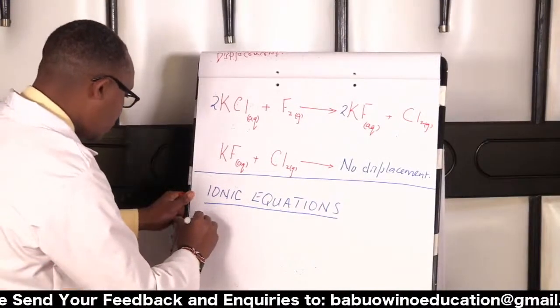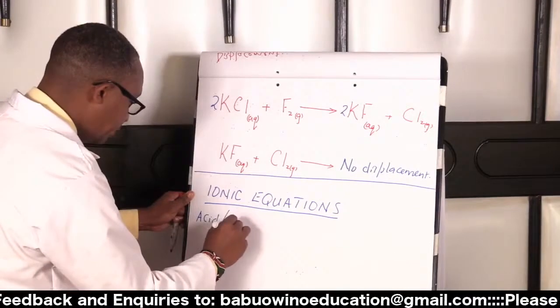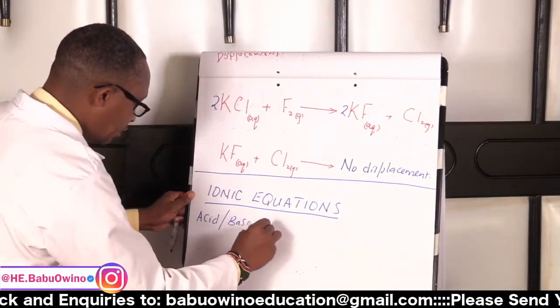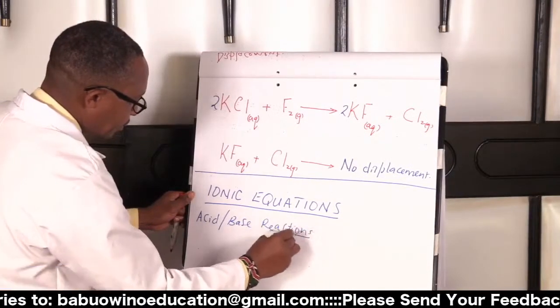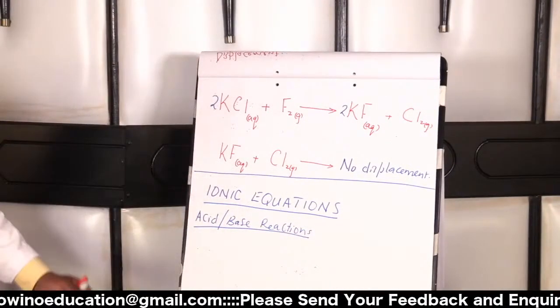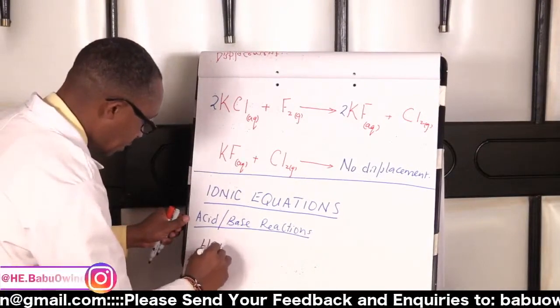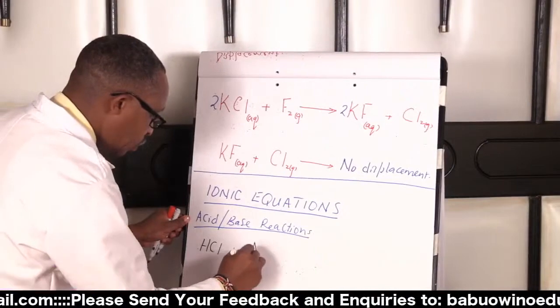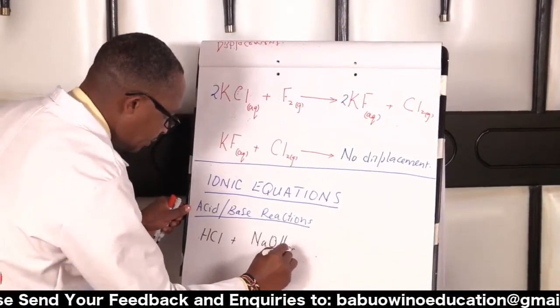We have those ones that we are calling acid-base reactions. And the first one we have talked about is HCl combining with sodium hydroxide.